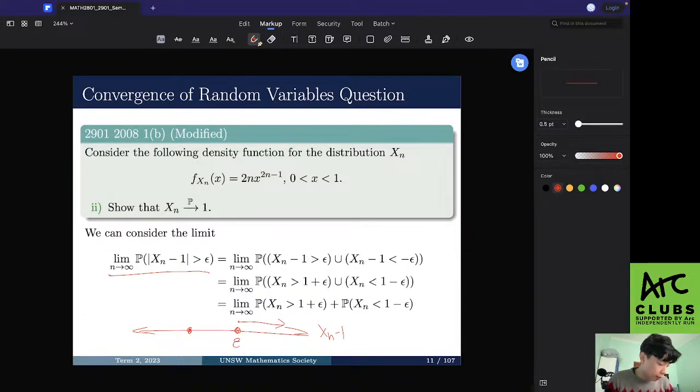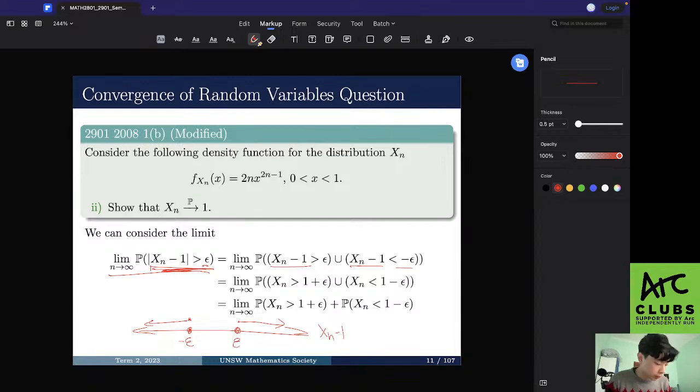We could also have a value which is less than minus epsilon, since these values have an absolute value which is greater than epsilon, right? So that's what we've done. We've just shown that our thing right here is equivalent to xn minus 1 being greater than epsilon, or xn minus 1 being less than minus epsilon.